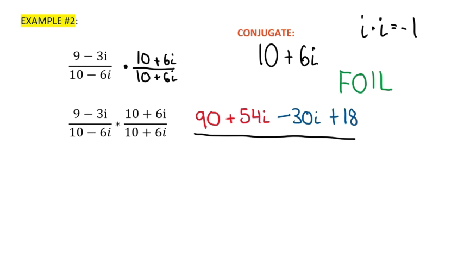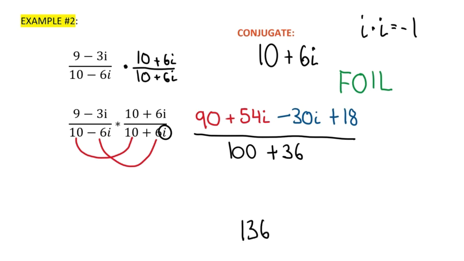For those of you that want to do things quickly, the bottom only requires 2 multiplications. These 2, because we know that the imaginary parts will cancel out because of the conjugate. 10 times 10 will give us 100, and negative 6 times 6 will give us negative 36, but we know that i times i is negative 1, so that means it's positive. 100 plus 36 is going to give us 136.